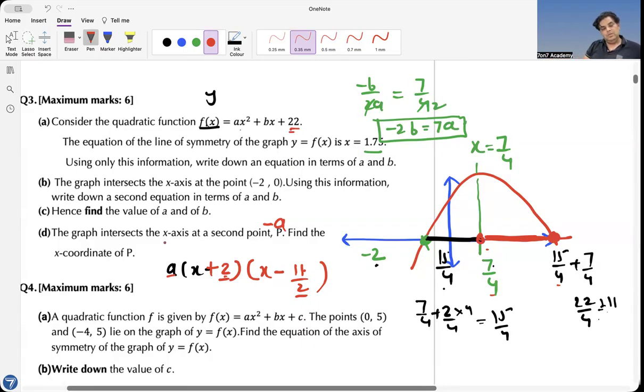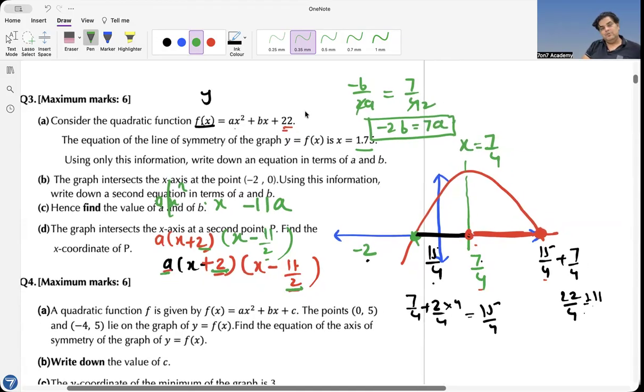You will get here a x plus 2, and if you multiply this here, x minus 11 by 2. Just multiply these two. First look into the constant, this into this will give minus 11. And then there will be something x and also a x square. So you multiply here, then a also gets multiplied.